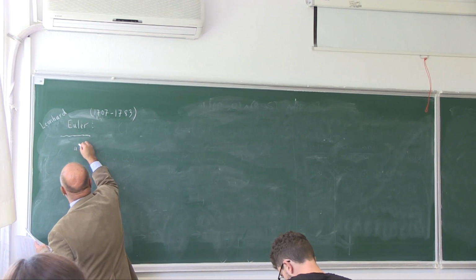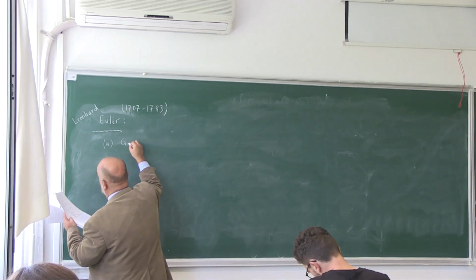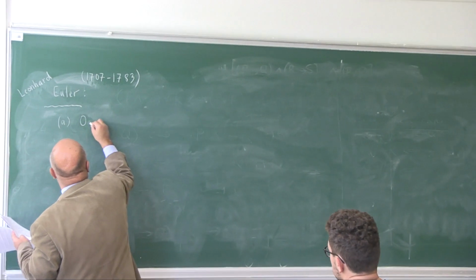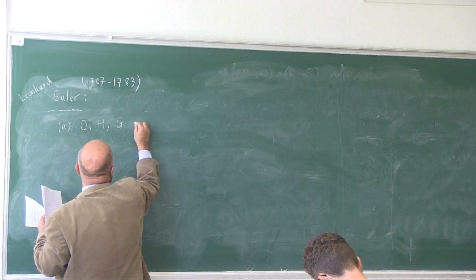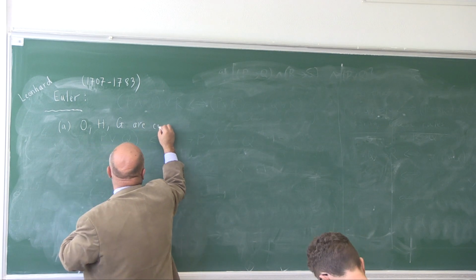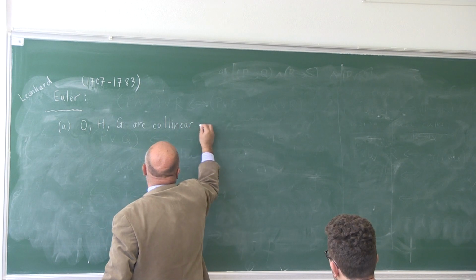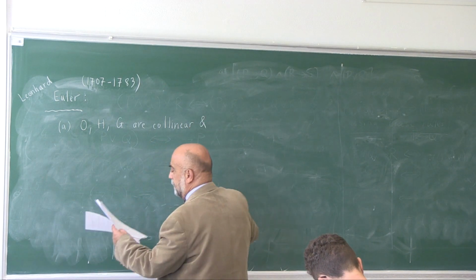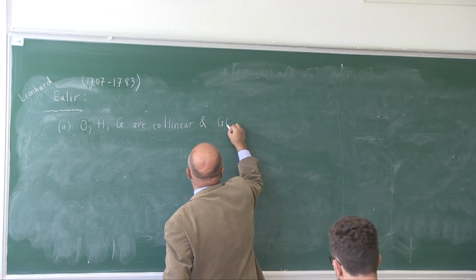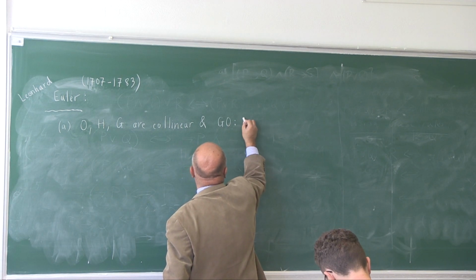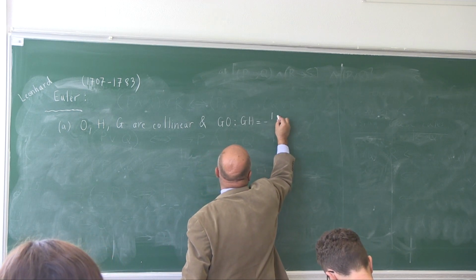One, let me write it in form A, that the points O, H, G, these 3 points are collinear, and besides being collinear, they've got this very peculiar relationship that the ratio of GO to GH is in fact exactly -1/2.